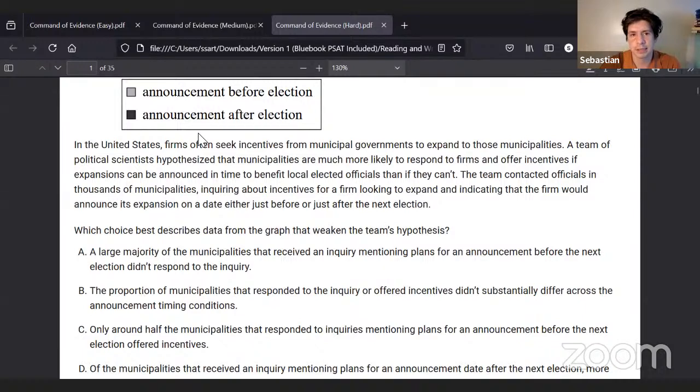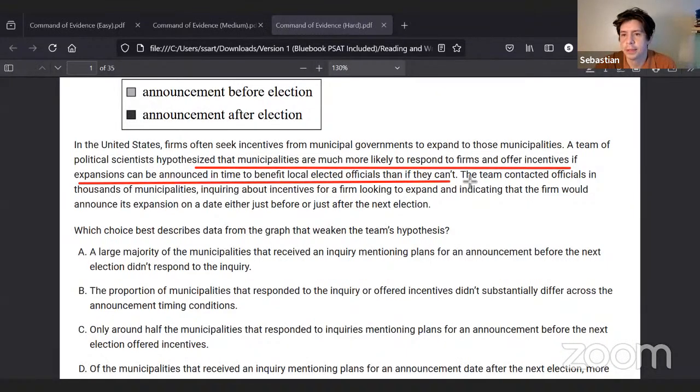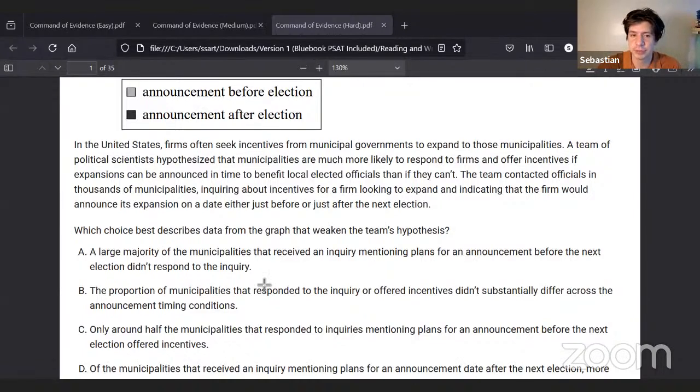They hypothesized right here that municipalities are much more likely to respond to firms and offer incentives if expansions can be announced in time to benefit local elected officials than if they can't. Okay. So let's look at the data. We're trying to see something that doesn't prove that, right? So a large majority of the municipalities that received an inquiry mentioning plans for an announcement before the next election didn't respond to the inquiry.